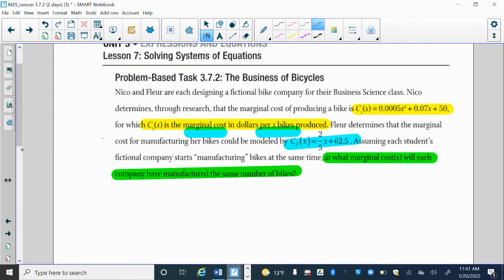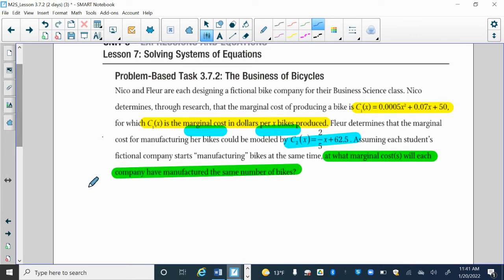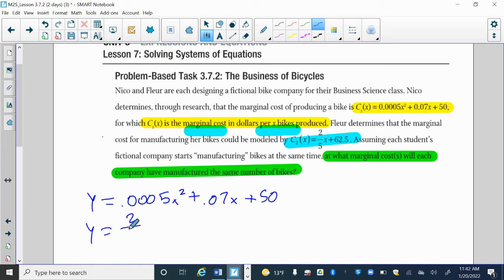So if it helps, let's rewrite this as y equals 0.0005x squared plus 0.07x plus 50, and y equals 2 over 5x, or not x squared, just x, 2 over 5x plus 62.5.